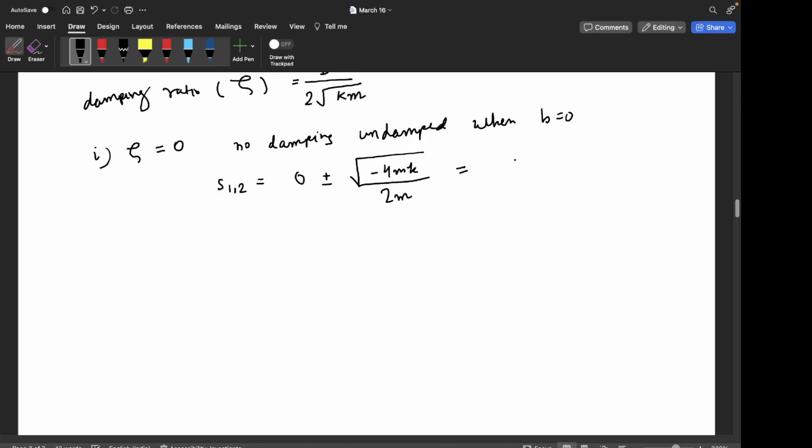This will be 2 under root km by 2m, plus or minus j, where j here means the imaginary number. The 2 will cancel out.